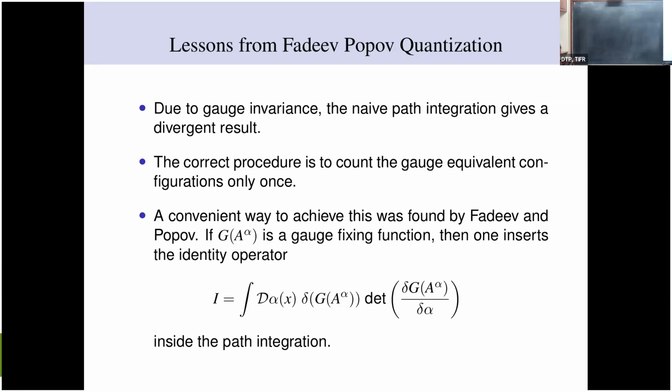Suppose you introduce some gauge fixing function, say g of A alpha. It could be del mu A mu, Lorentz gauge. You insert the identity operator, this delta of g, and this determinant comes from the change of variable.